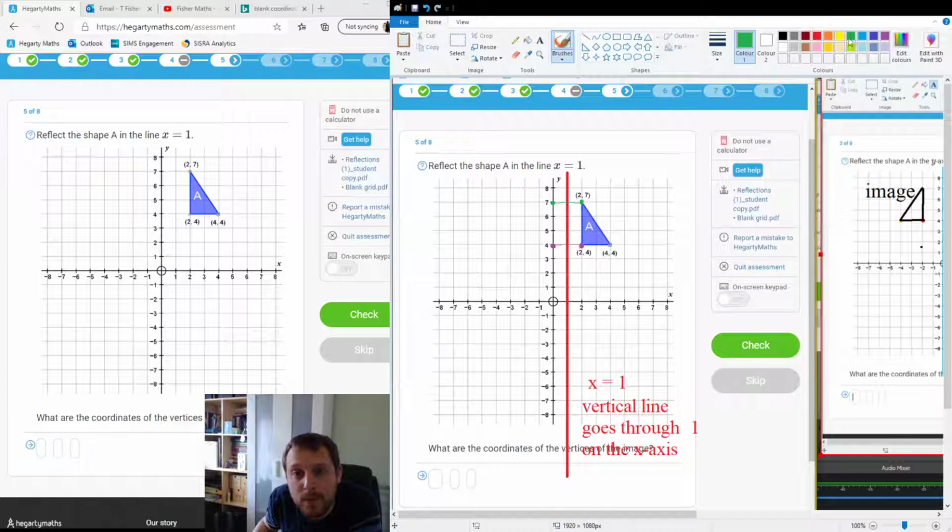And then this one, which won't be the easiest thing in the world to try to draw, but I'll try my best. How far away is that from the mirror line? It's 1, 2, 3 away from the mirror line. So I must go 1, 2, 3 away in that direction.